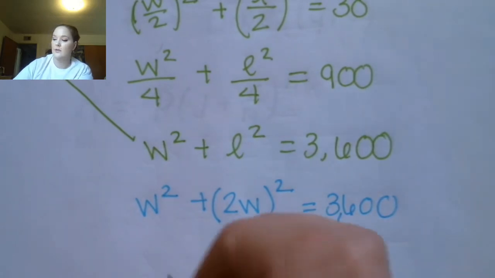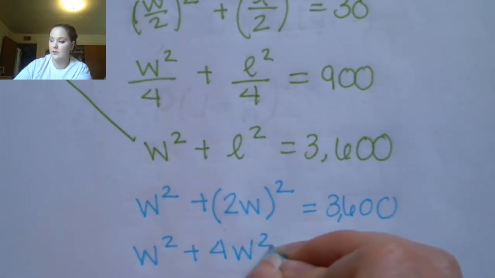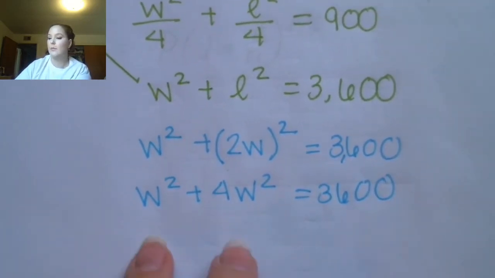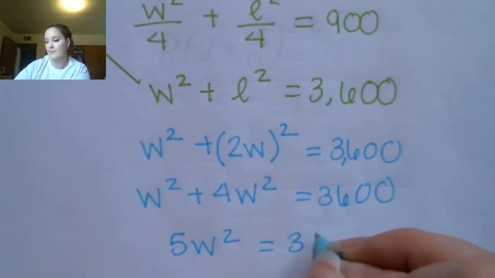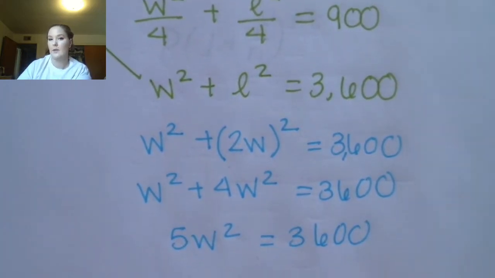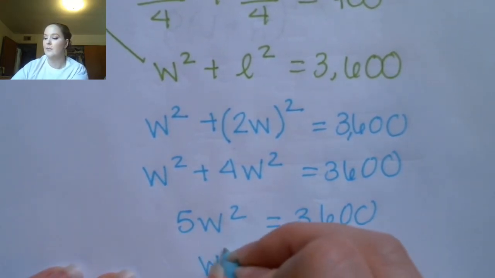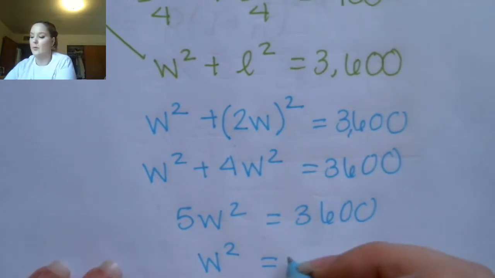Now 2W squared is 4W squared, and now I can combine my like terms. I want to isolate my square, so I'm going to divide both sides by 5. 3600 divided by 5 is 720.